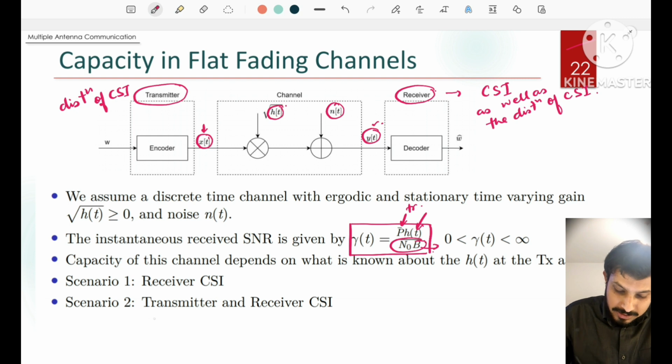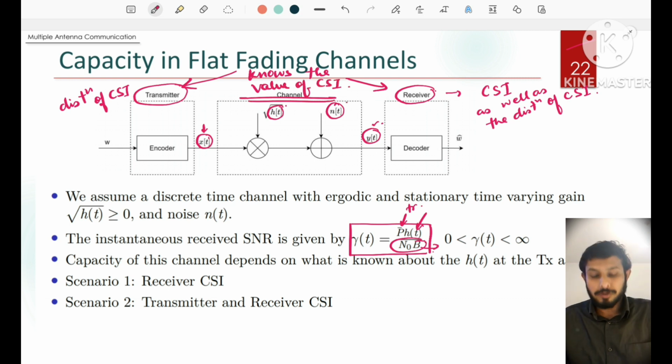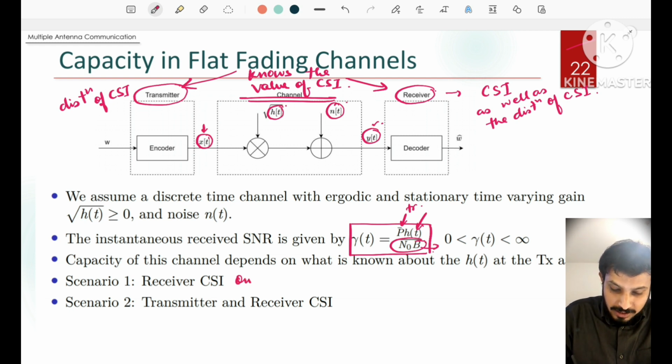And the second case is transmitter and receiver CSI. That means both the transmitter and the receiver know the value of CSI. So now let us take the first case when we have receiver CSI only.